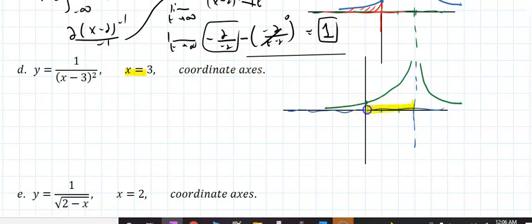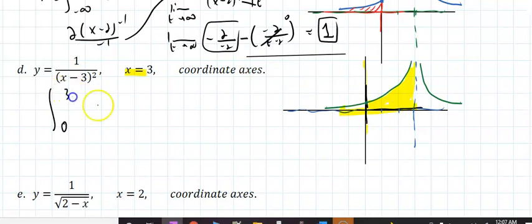The coordinate axis are the x and the y. Well, they're talking about this area. Notice that's infinite. So what we're doing, we're trying to integrate from 0, the coordinate axis, because we're limiting that by this axis and this axis.